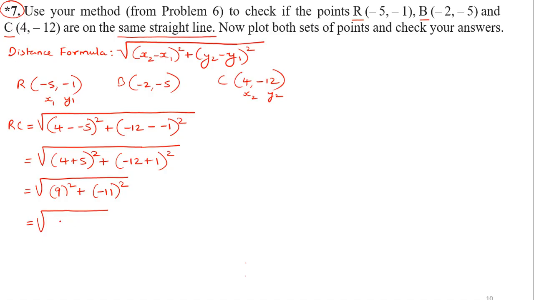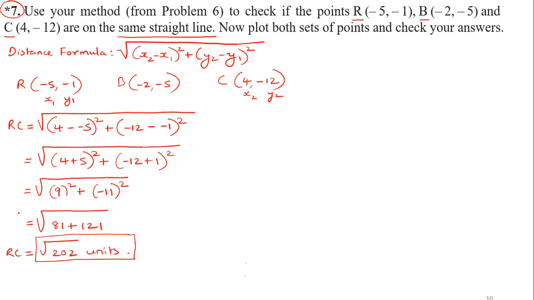So 9 9s is 81 plus 1, so 81 plus 1 is 82. RC is equal to root 82 units. So now we have to check.